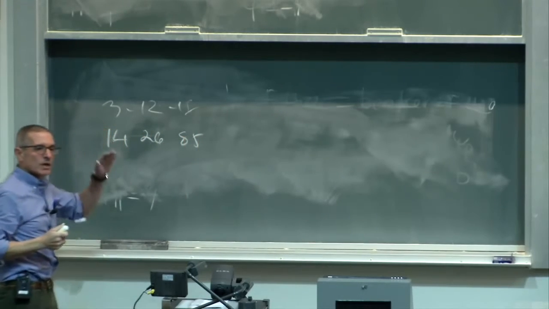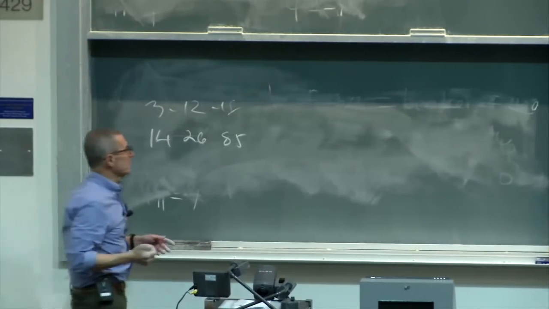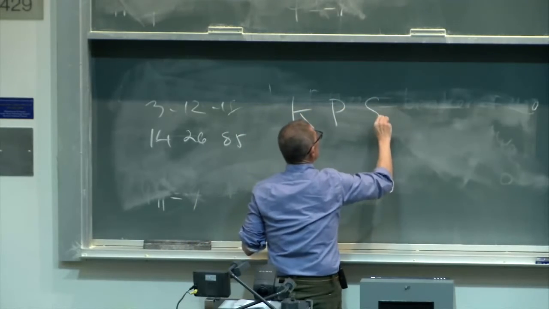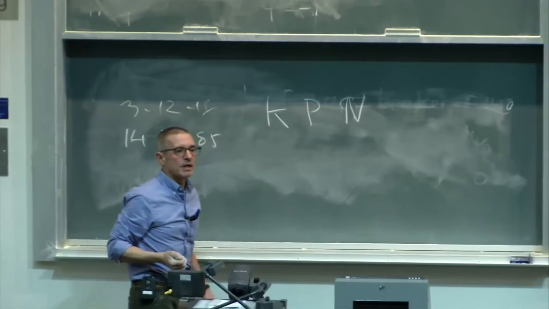These are sort of odd numbers. What do they mean? These numbers represent the ratio of potassium, phosphorus, and nitrogen in the bag.